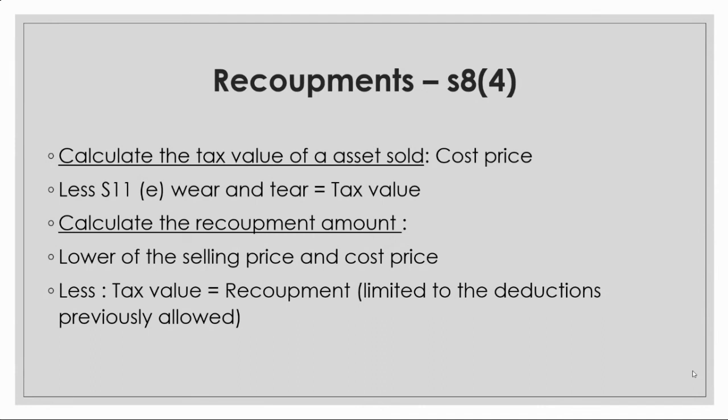Now, recoupments is what you include in the gross income. And then we would also do for those capital assets, we would generally include it in capital gains tax. But if you've already included the recoupment amount, generally the proceeds and the base cost would be the same in most instances.